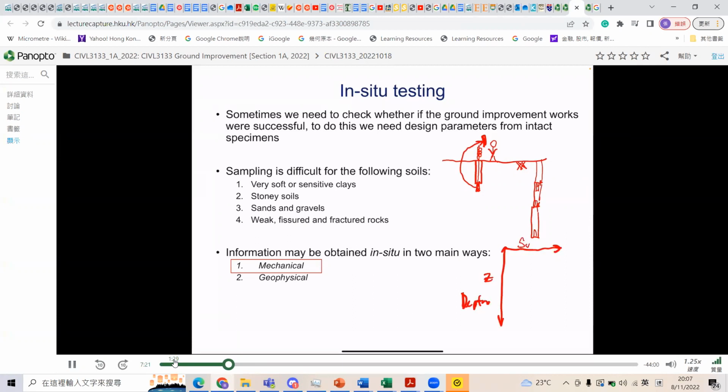If we wanted to obtain some continuous profile of the strength, let's say this is before ground improvement, and we want to see substantial increase in strength after. It's difficult to do it like this because you'll only get some points that you need to fit a curve through. So hopefully over the course of this lecture today, I can explain to you how we evaluate ground improvement.